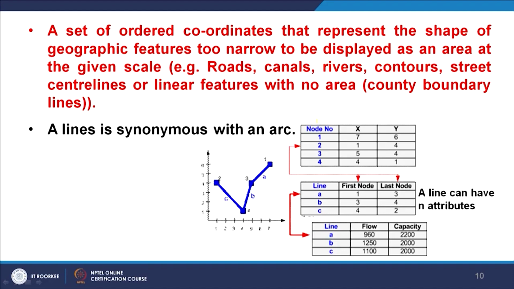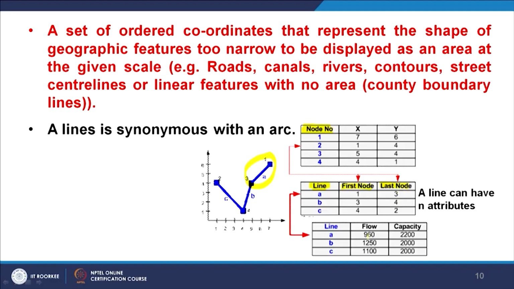We will have a node table where all x and y's are stored. We will have another table about the line where the first node and last node are stored. So if I take segment 1, a straight line between 1 and 3, then the first node is 1 and the last node is 3.